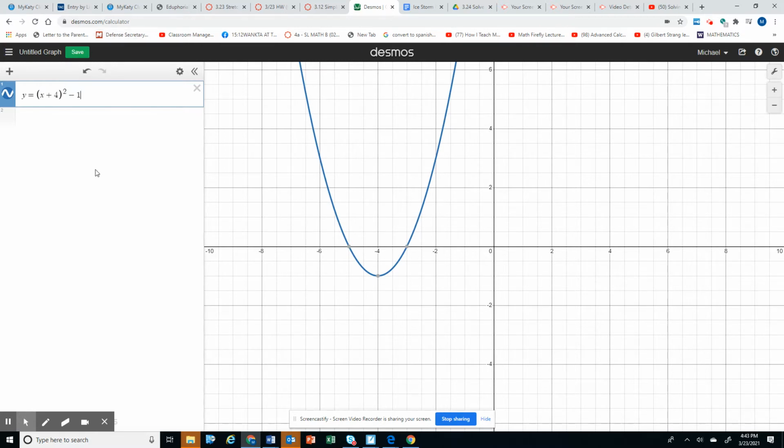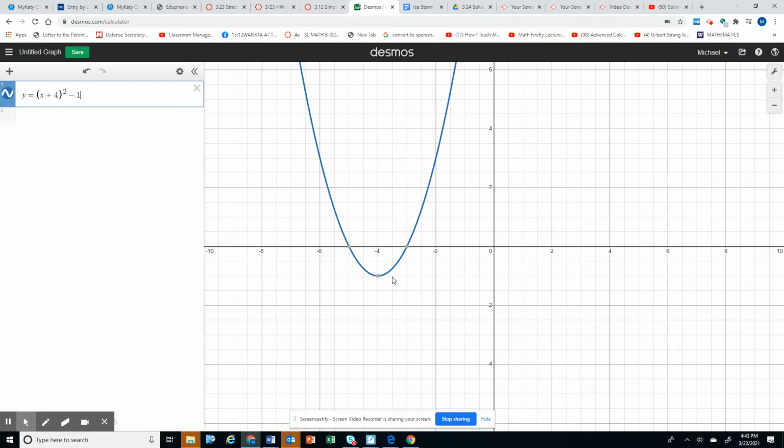And what is the domain? Now remember I said before, it's a parabola with no restrictions on it. So the domain is going to be all real numbers. And what's the range? Well, let's see. Remember, range is the y values. And the lowest point on this graph is -1.